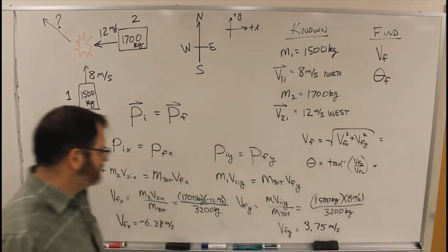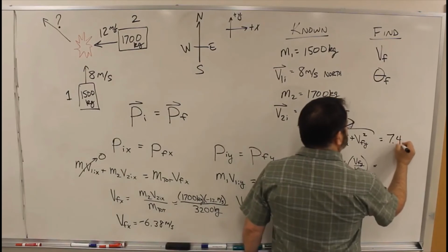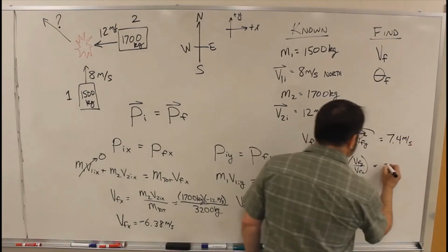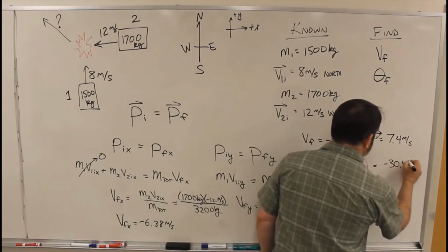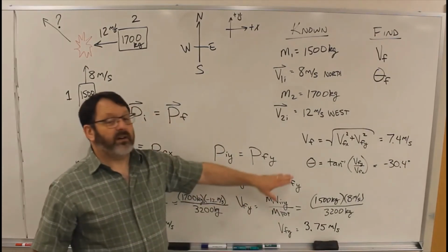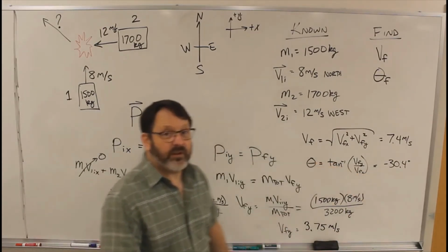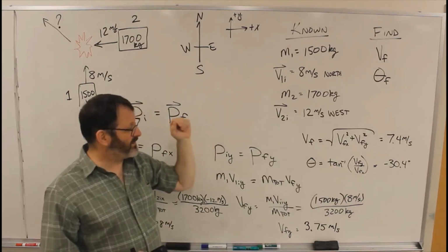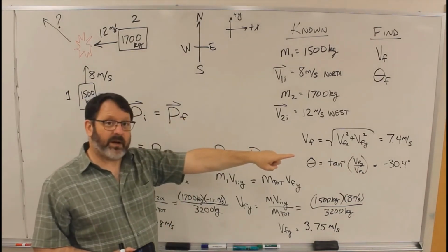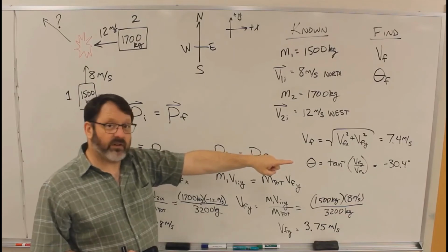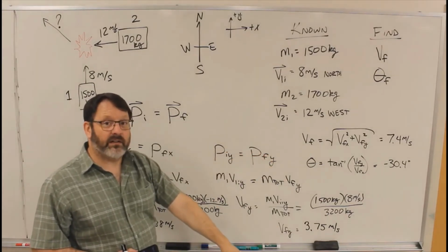So this is 7.4 meters per second. So if I put those in, I get theta equals negative 30.4 degrees. Remember, zero angle is in the positive x direction, so negative 30 degrees means it's going down this way.